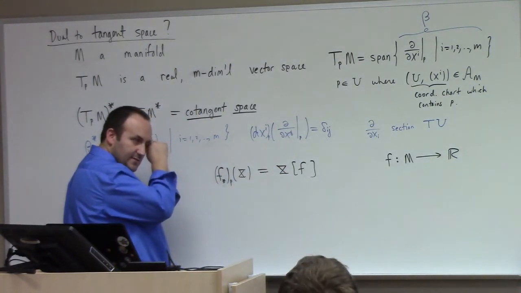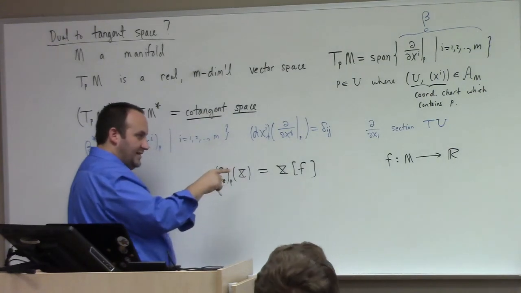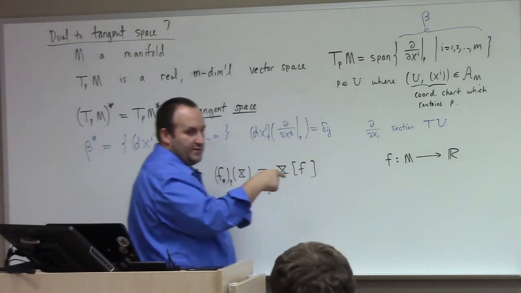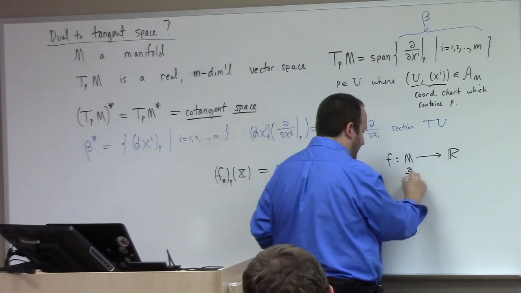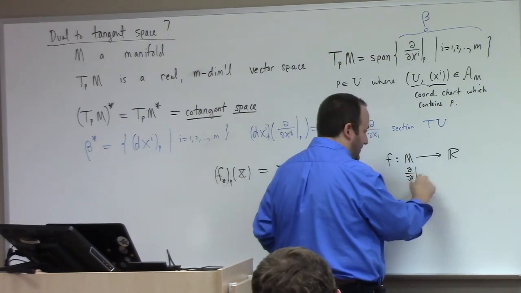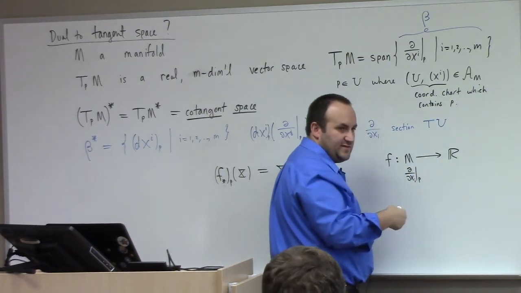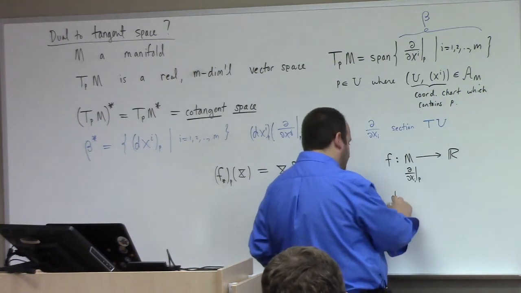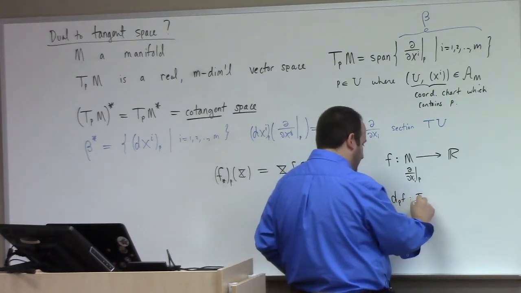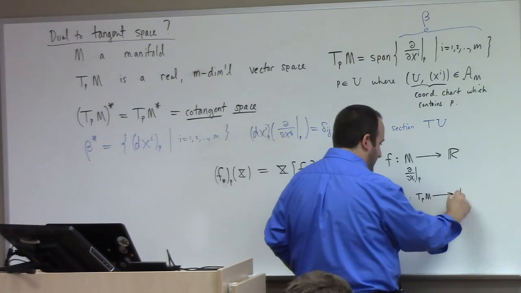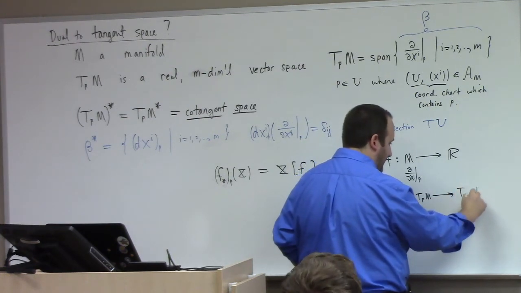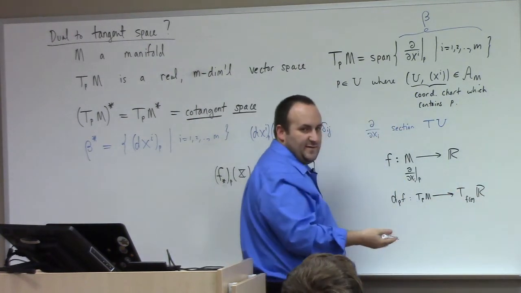When you think about this particular context, the question is, here we have partial x i in the basis of the tangent space, right? What's the basis for the tangent space to the reals? Because remember, d p f should be mapping from the tangent space at p to M to the tangent space at f of p to the reals. Well, what's the tangent space to the reals?